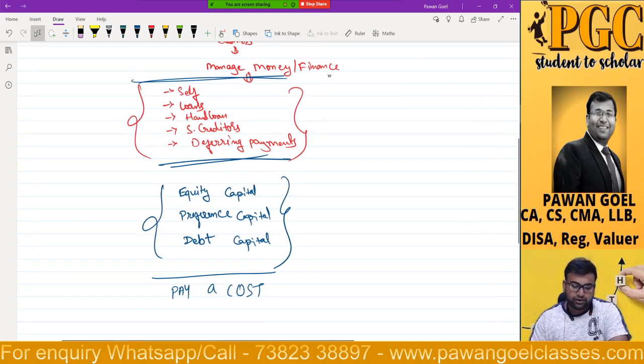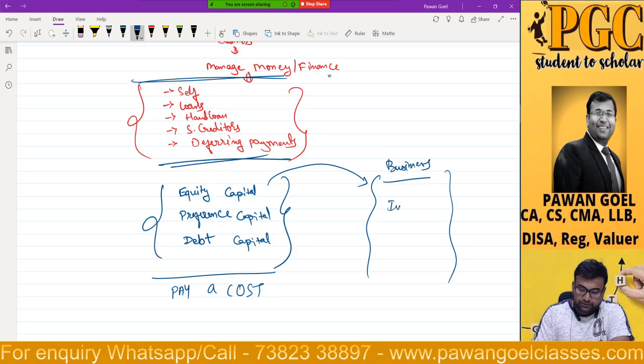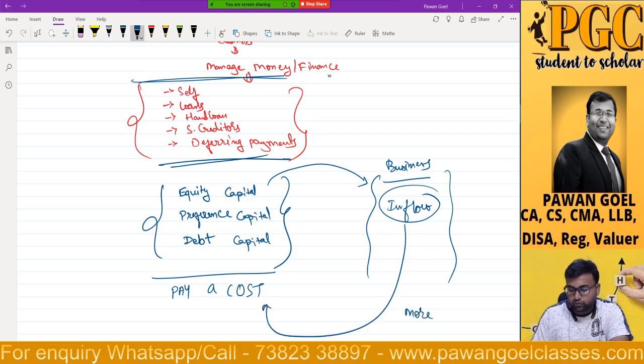Now at the same point of time, what I will do, I will use this capital in the business and generate inflows. And if these inflows are more than this outflow, then what would I have?